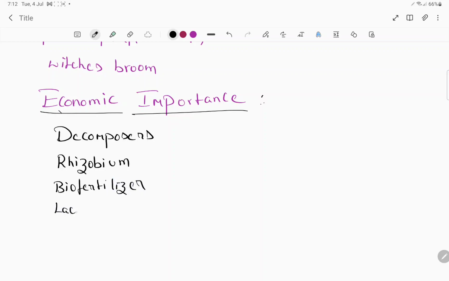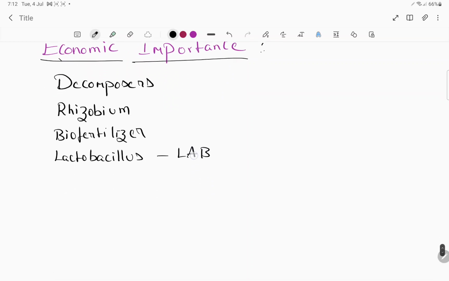Lactobacillus, LAB bacteria, are used for the production of lactic acid. The bacterium Propionibacterium shermanii is used for the production of Swiss cheese.